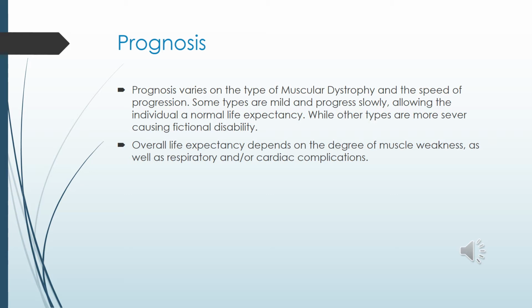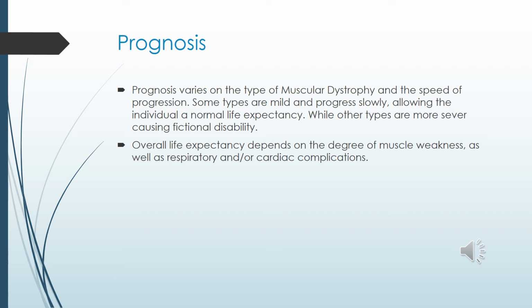Prognosis. Prognosis varies on the type of muscular dystrophy an individual has and the speed of the progression. While some types are mild and progress slowly, allowing the individual to have a normal life expectancy, other types are more severe and cause a functional disability.